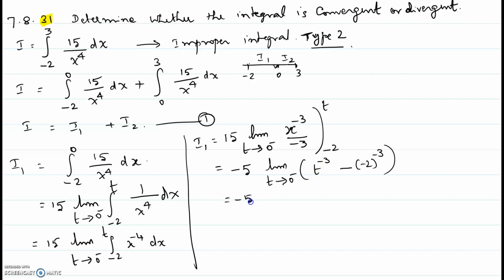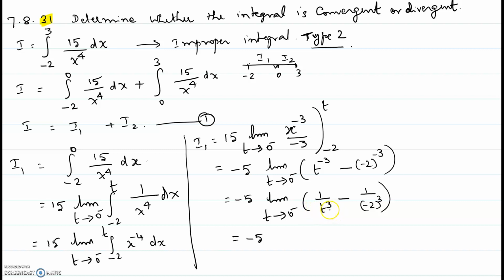So it will be -5 times the limit as t approaches 0 from the left of 1 over t cube, then minus 1 over (-2) to the power 3, that will be 1 over -8. So it is -5 times 1 over t cube as t approaches 0 minus.